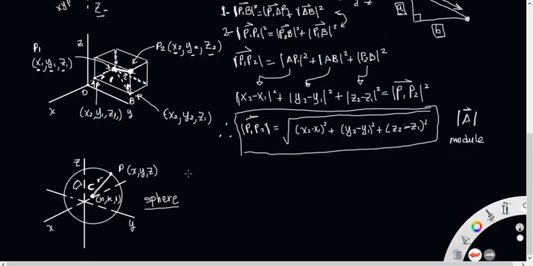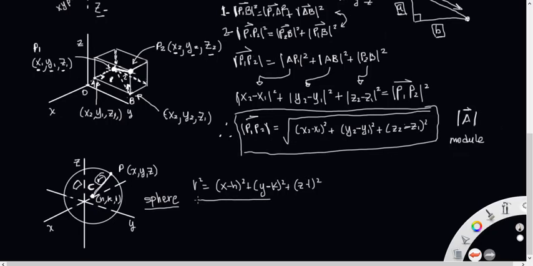So if we want to find the distance between the point C and point P, and we name this line R, we get R squared equals x minus h squared plus y minus k squared plus z minus L squared.